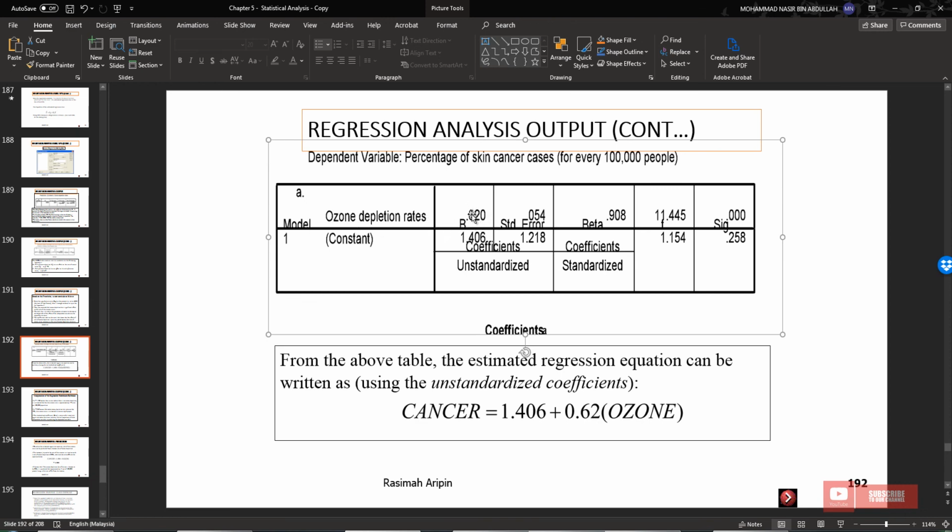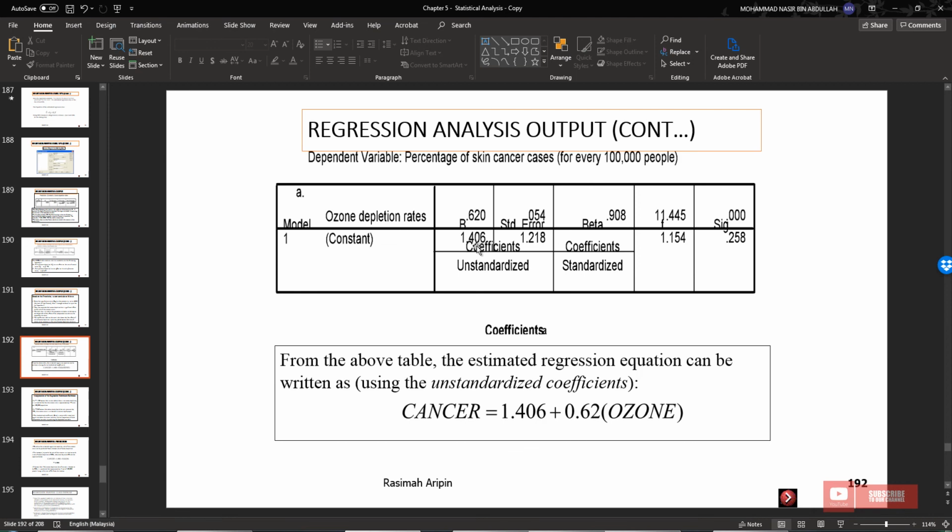So this is the beta, this is the standard error, this is the standardized beta coefficient. We are not going to look at this because we are considering the intercept. When you consider the intercept, you use the unstandardized coefficient. The p-value is less than 0.05 for our independent variable, which means the variable is very important towards cancer.